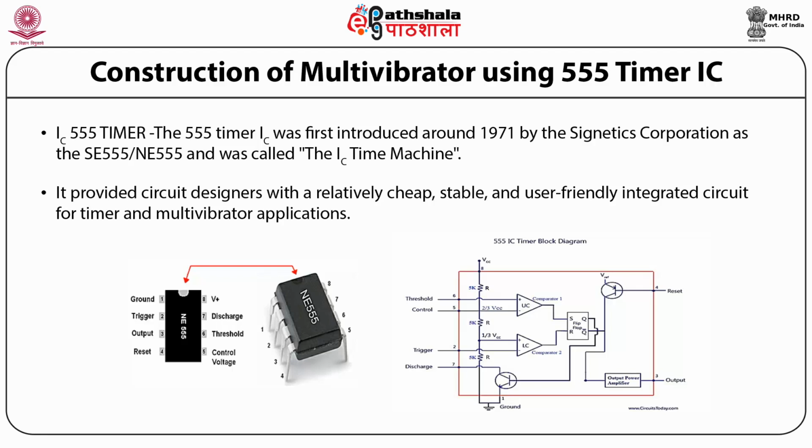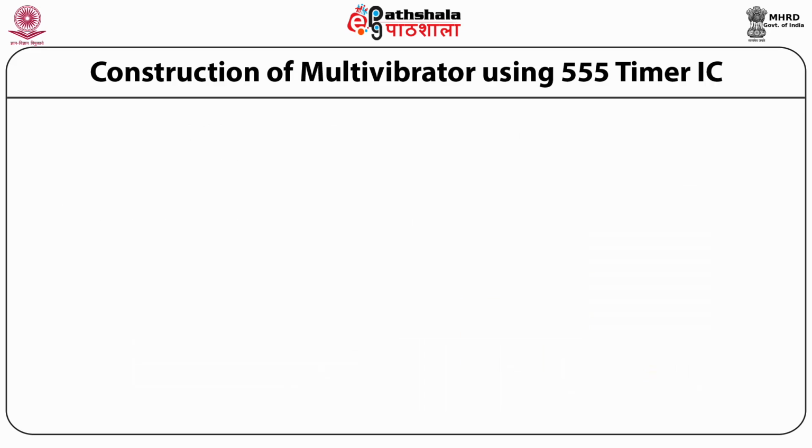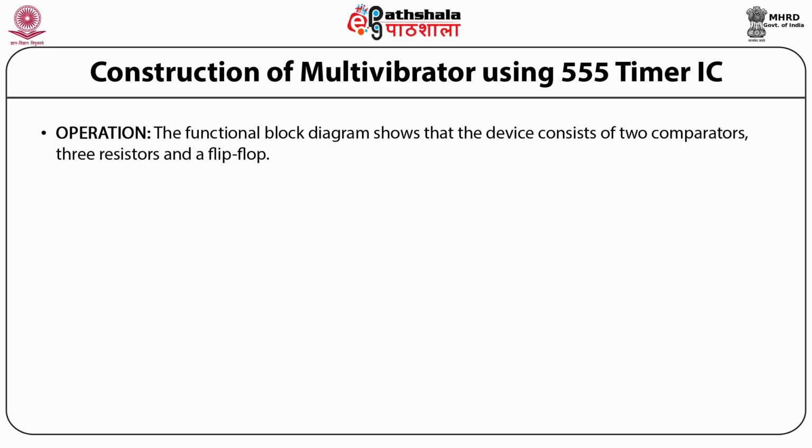Now the inside view of this 555 timer is also shown over here, and the detailed operation is as follows. The functional block diagram shows that the device consists of two comparators, three resistors, and a flip-flop.